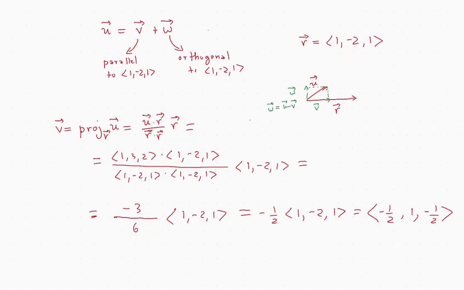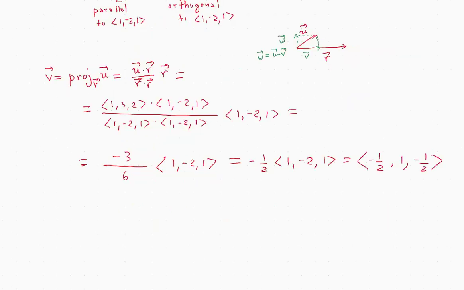So we found v, and now w is going to be simply u minus v, meaning it's going to be 1, 3, 2 minus negative 1/2, 1, negative 1/2. How much is this? 1 minus minus 1/2 is 1 plus 1/2, sorry.